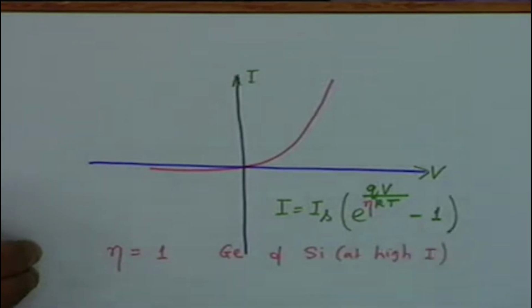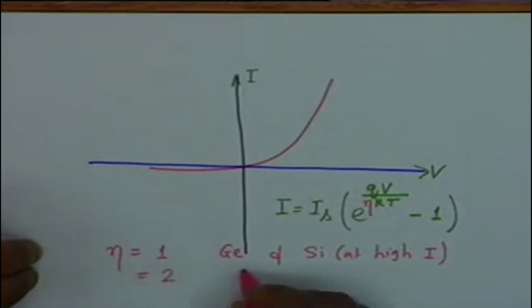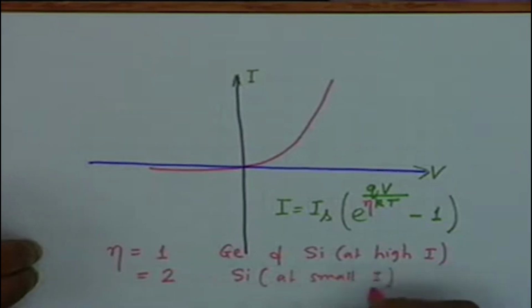At reasonably large currents, silicon and germanium obey this equation with eta equal to 1, whereas eta is equal to 2 for silicon at small currents. The transition between small current and large current is somewhat fuzzy. So unless otherwise specified, we shall assume that eta equal to 1. If it is specified that eta has to be taken equal to 2, then you take it so, otherwise we shall take it to be equal to 1.